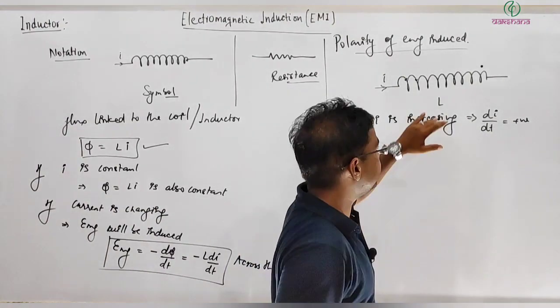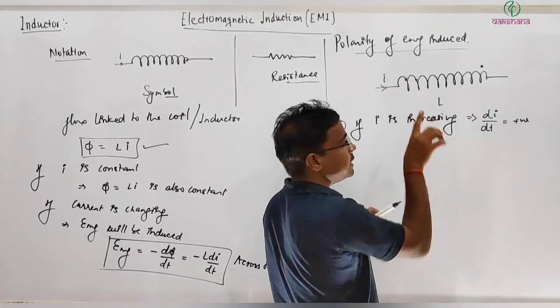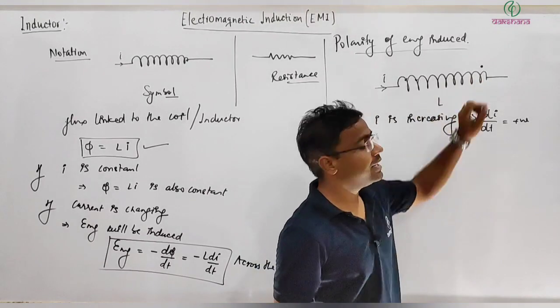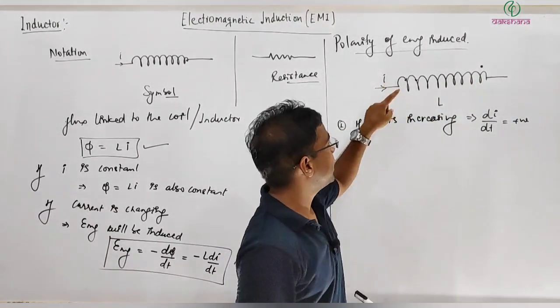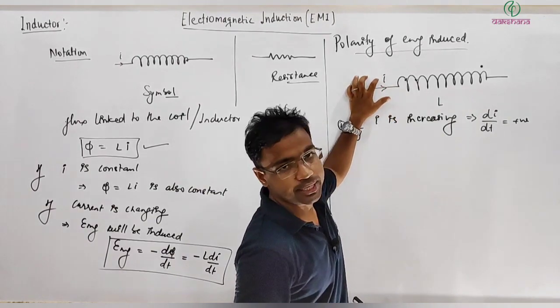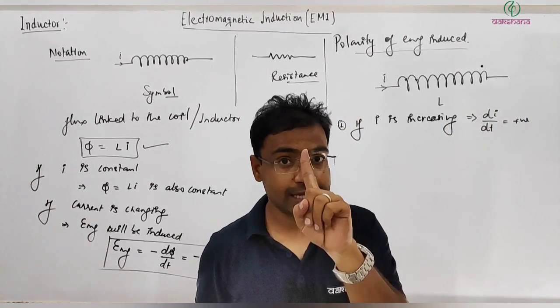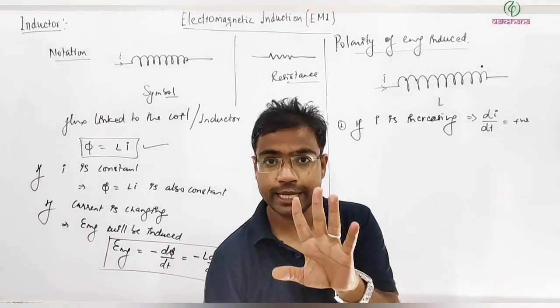Okay, so if I am saying north pole is here, it means the current is going this way, so that the north pole is on this right side. North pole of what? The magnetic field produced by this current. Even when this current is constant, remember there will still be a magnetic field, still magnetic flux. Getting it?